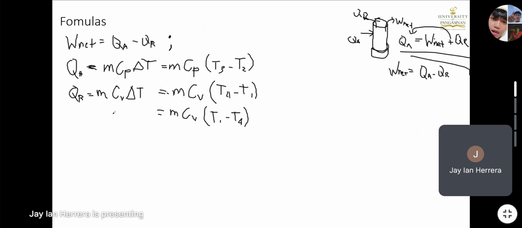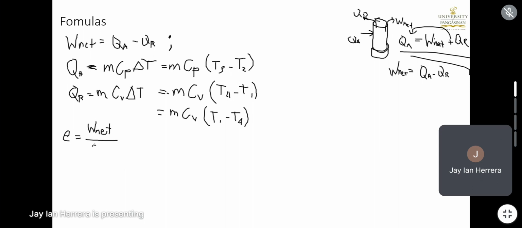So next, after QR, efficiency naman. So efficiency of the diesel cycle, ganun pa rin naman, the general formula for efficiency, we have work net all over QA. And this is our general formula for heat engines.